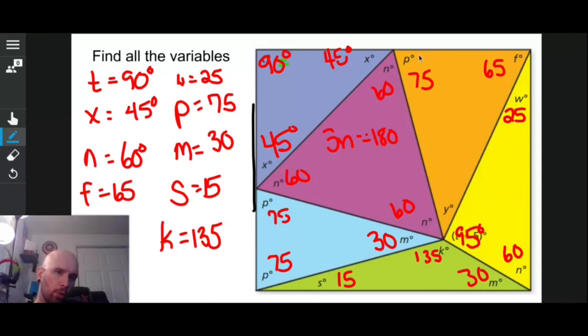These two, 75 and 65, add up to 140. Yep. And this whole orange triangle is 180. So if these two are 140, then Y is 40.